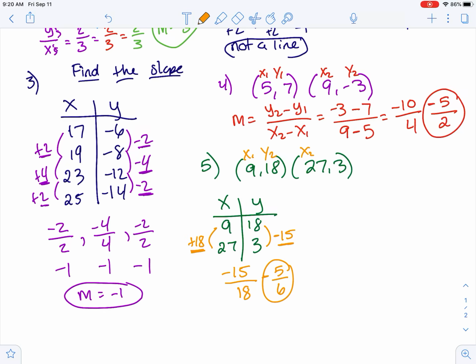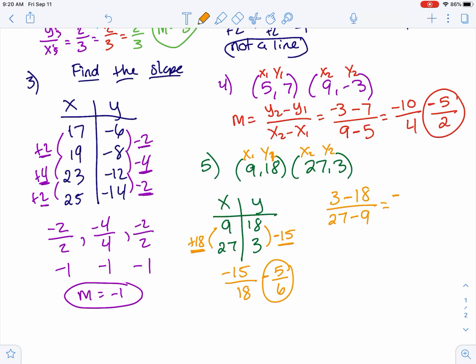Or you could go ahead and use the equation. So with the equation, it's right above that. My y2 would be 3 minus my y1, this should be a 1, my y1 is 18 over my x2 is 27 minus my x1 is 9.